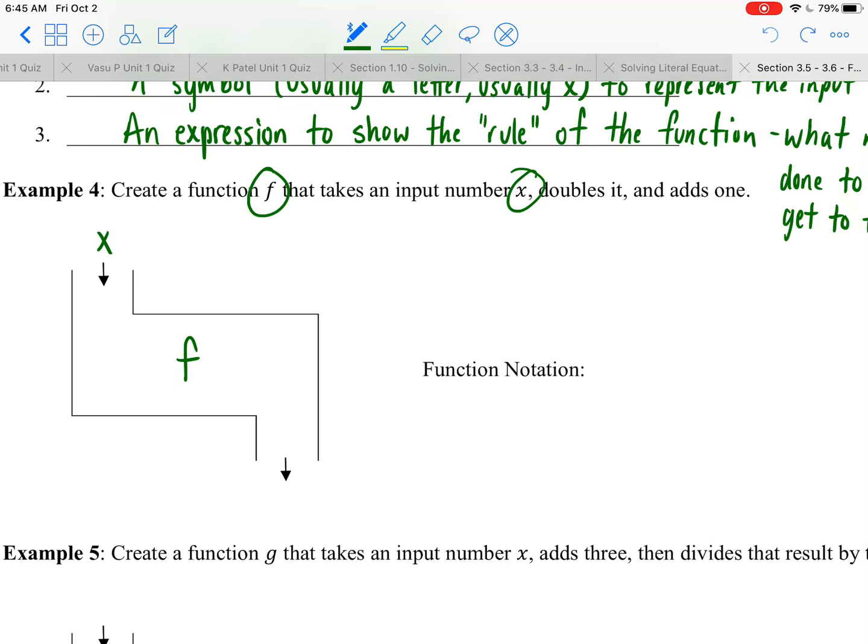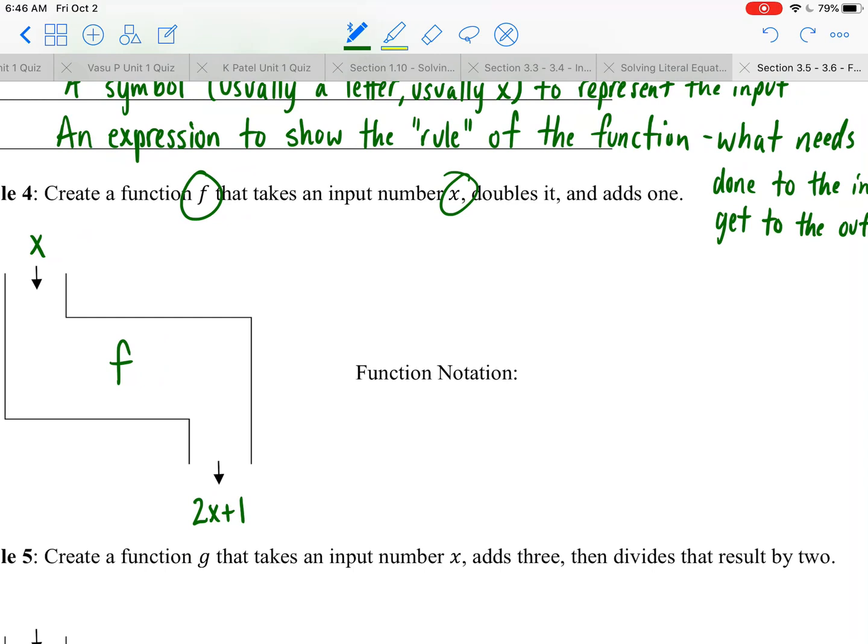So instead of y, let's put 2x plus 1, because this right here really captures the idea of what the function's doing. It's taking this number, it's doubling it, and then it's adding 1 to that result. Okay, so how do we write this in function notation? We say f of x is equal to 2x plus 1. That's all you have to do for that.